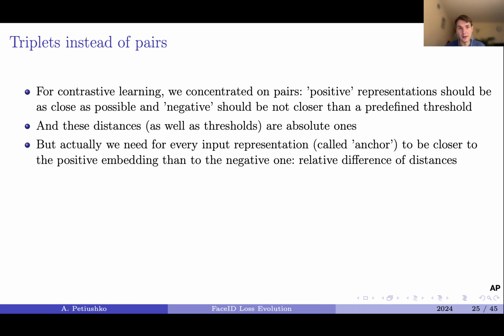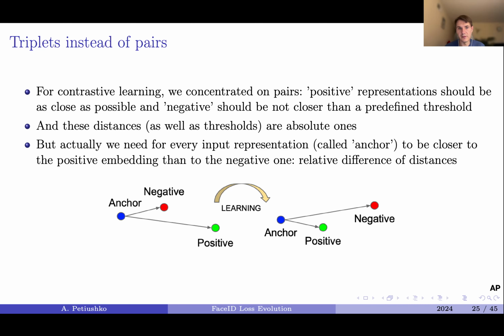But in fact, what we need is for every input representation, which we call anchor, to be just closer to the positive embedding than to the negative one. So we care about the relative difference of distances. And this is the illustration of it.